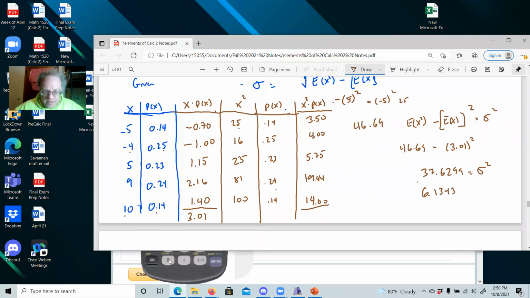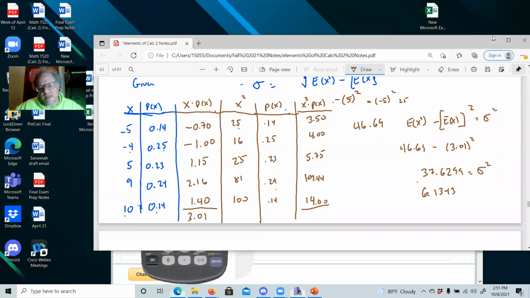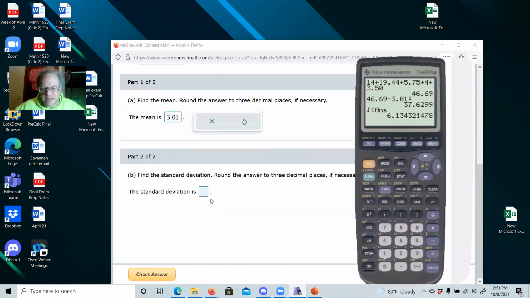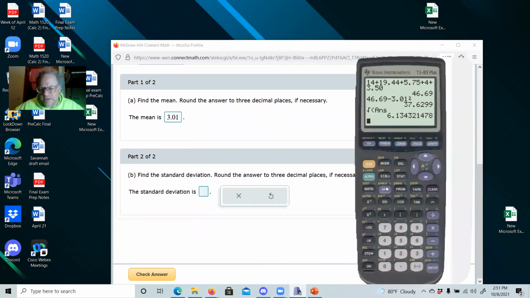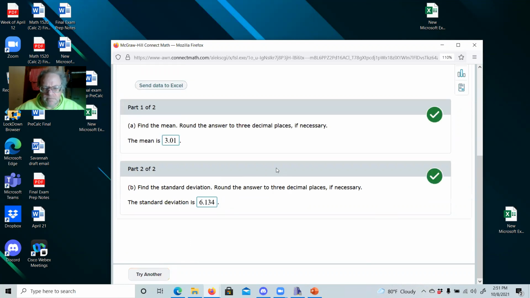What were the instructions? The instructions said we're going to do it to 3 decimal places. So this is going to be 6.134. And that should be your standard deviation. Ta-da. And there you have it.